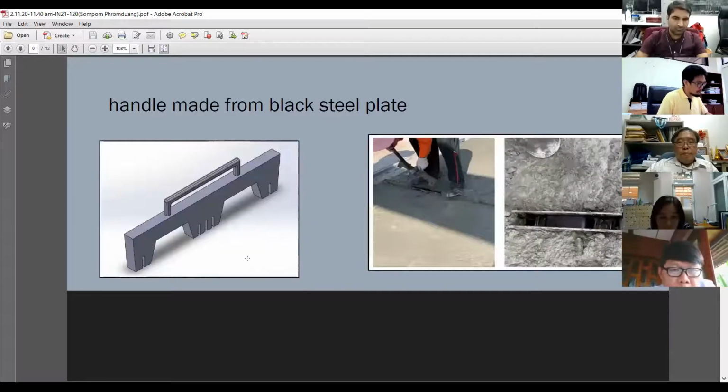The third design, we redesign and put a handle on top of the box, and we tried it, like in my right-hand side picture. It is a good one: this type can solve the concrete leak, is durable, and is easy to pull up from the mortar.